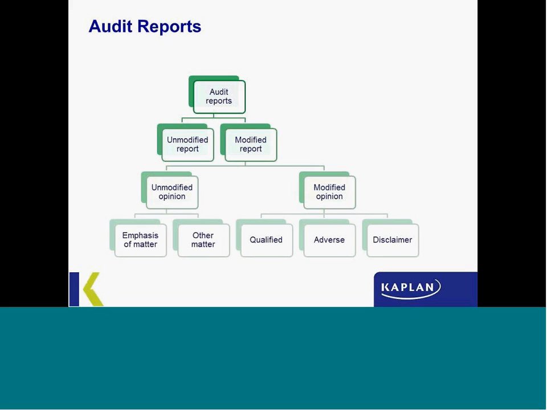Say I tell the directors that in the financial statements, you need to include inventory at NRV because it is lower than cost. And they say, no, we're staying at cost. I can't knowingly sign an incorrect audit report to say something is fair when I know it isn't. So an adverse opinion is where it is material and pervasive, fundamentally affecting the accounts in some fashion.